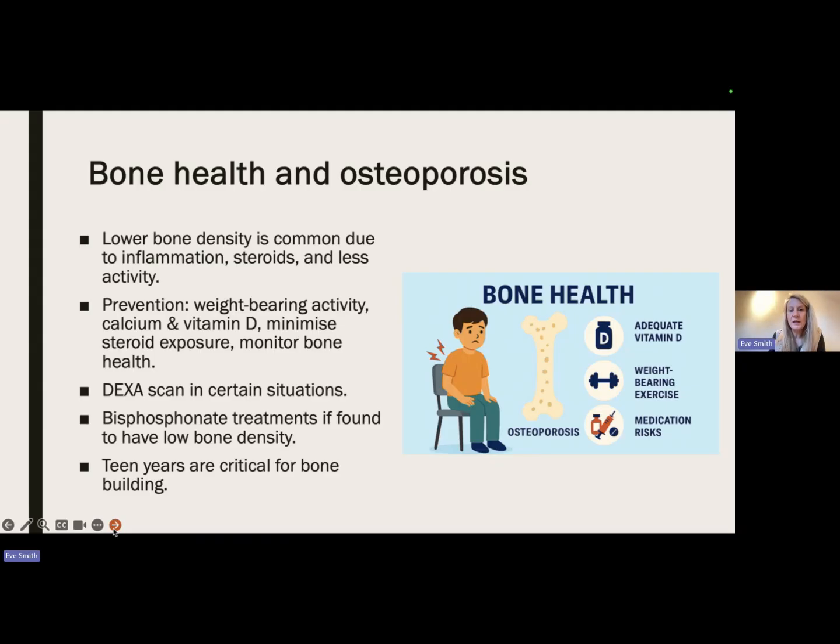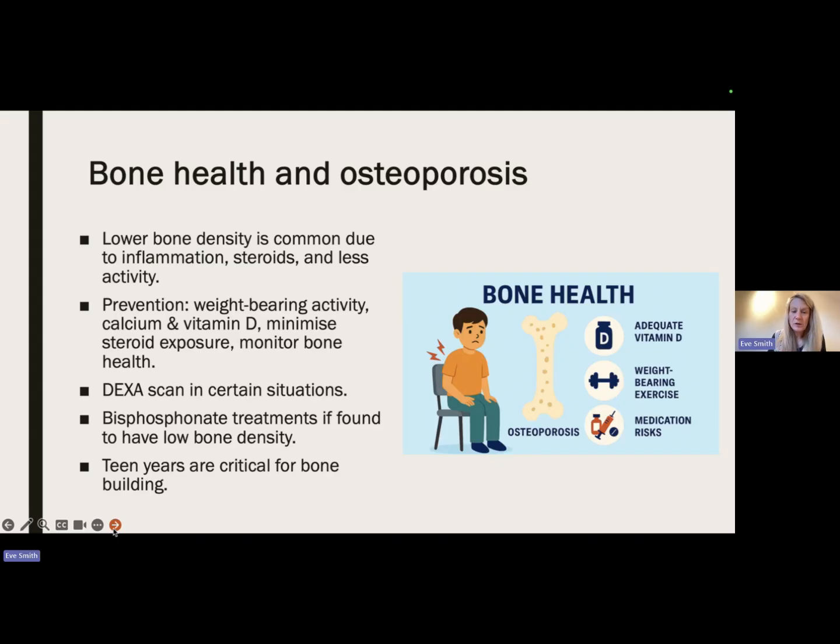So the things that we can do to help support the bones and prevent bone disease are weight-bearing activity and impact activity. Making sure that calcium and vitamin D levels are fine. I often congratulate patients when I see a normal vitamin D level, because it seems that everyone has a low vitamin D. And we know that vitamin D plays a part in all sorts of parts of the immune system, but also is really important for bones.